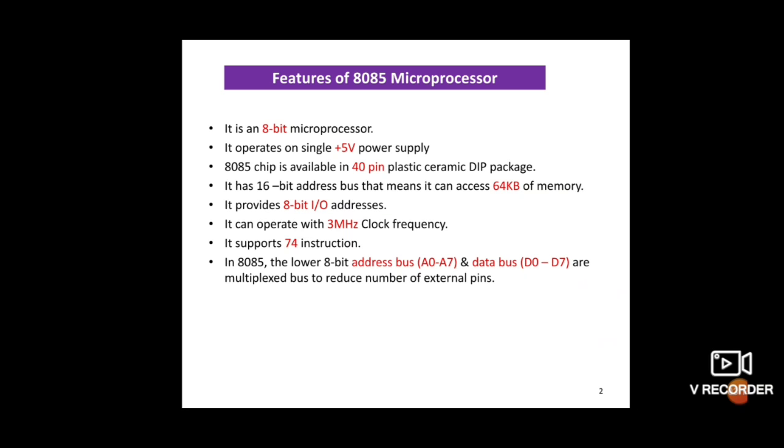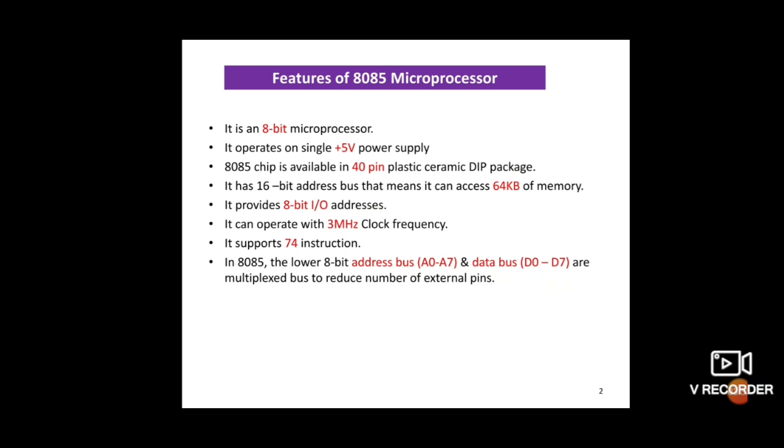Next is, in 8085, the lower 8-bit address bus, that is A0 to A7, and data bus D0 to D7, D means data, A means address, are a multiplex bus with a reduced number of external pins.